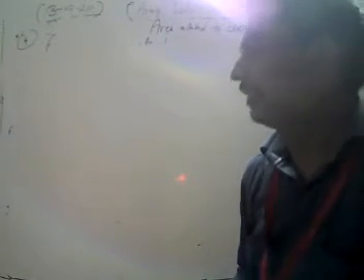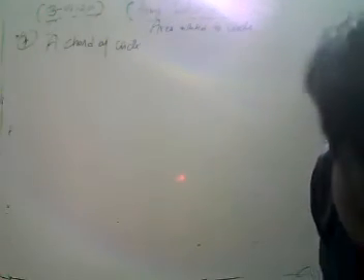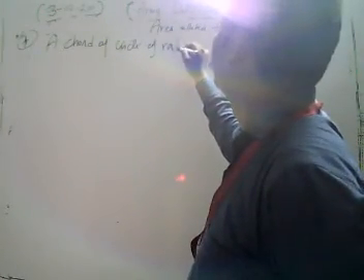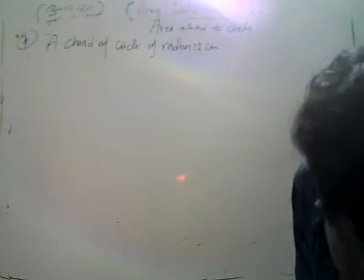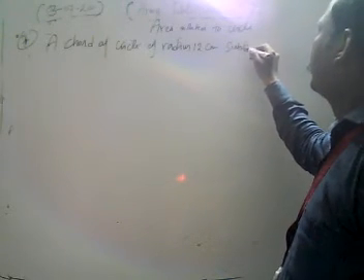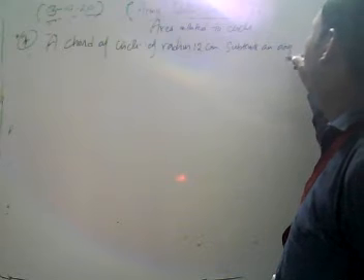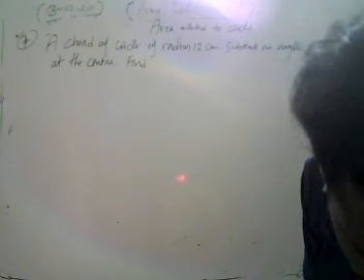A chord of a circle of radius 12 centimeter subtends an angle of 120 degrees at the center.